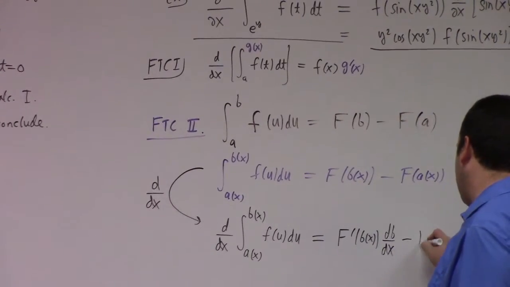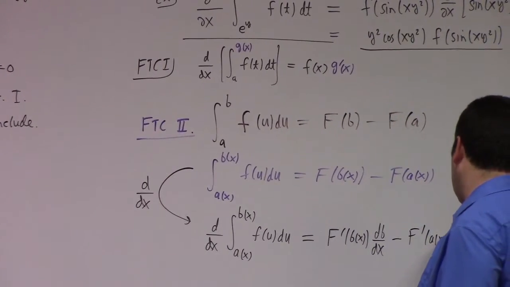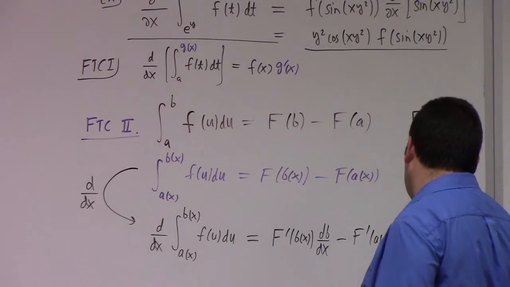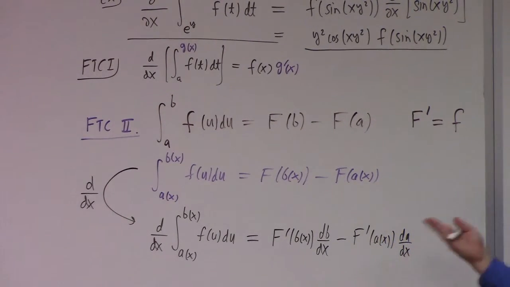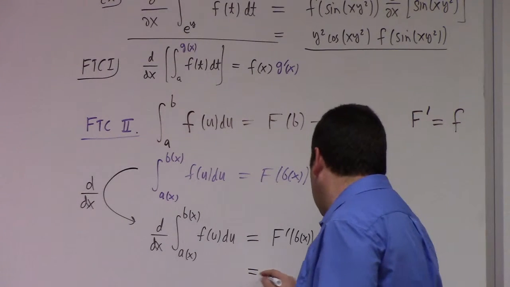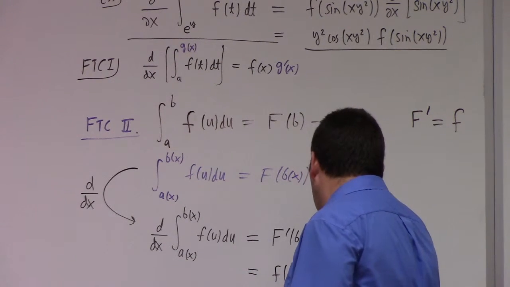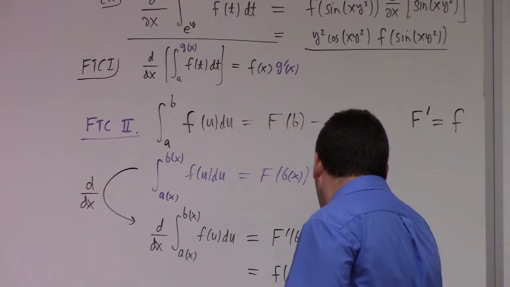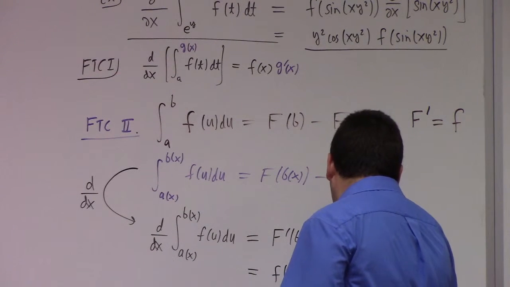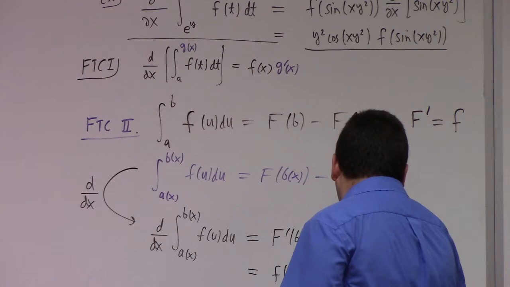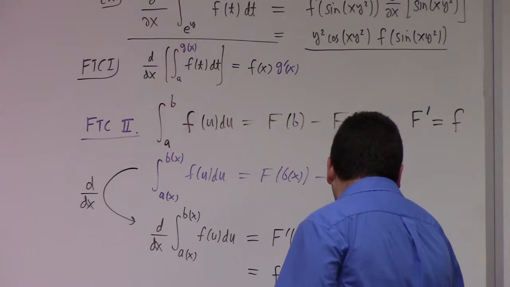And likewise, I get minus F prime of a of x times da dx. But what is F prime? Little f, right? So as you can see, you can, in some sense, derive the fundamental theorem of calculus part 1 with the chain rule by just differentiating fundamental theorem of calculus part 2 in this way.